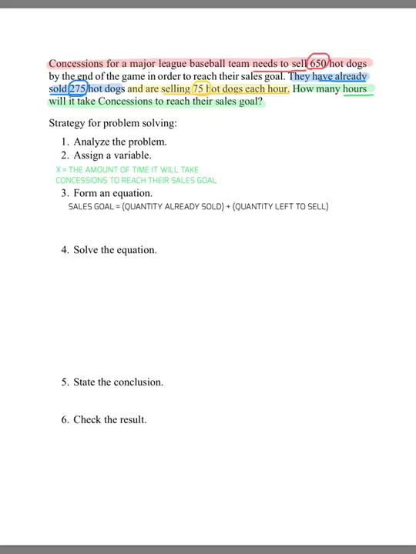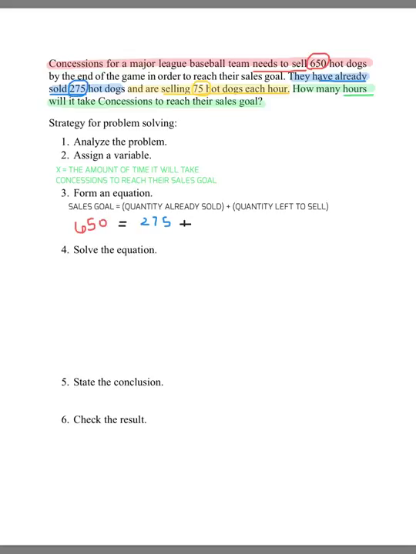The quantity that's already been sold is equal to 275. And we know that the sales goal is supposed to be 650. So what's missing is the quantity that's left to sell.